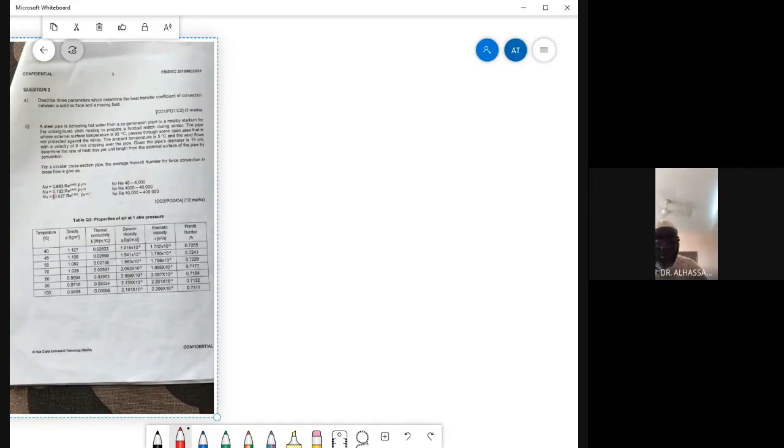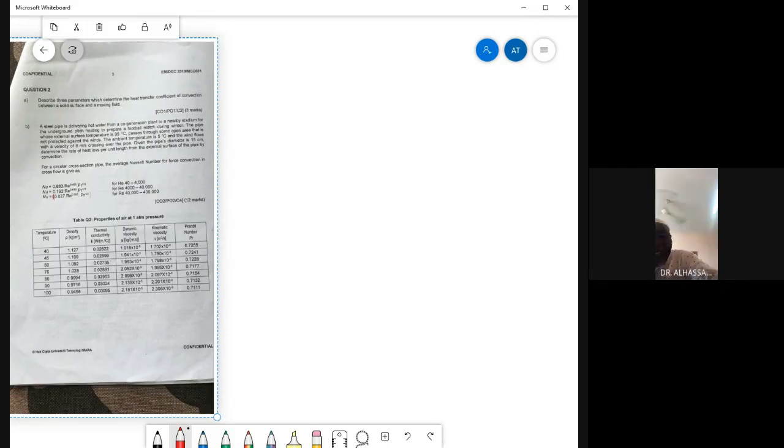We have already known that the convection heat transfer coefficient is never a property of the solid across which a fluid is flowing.